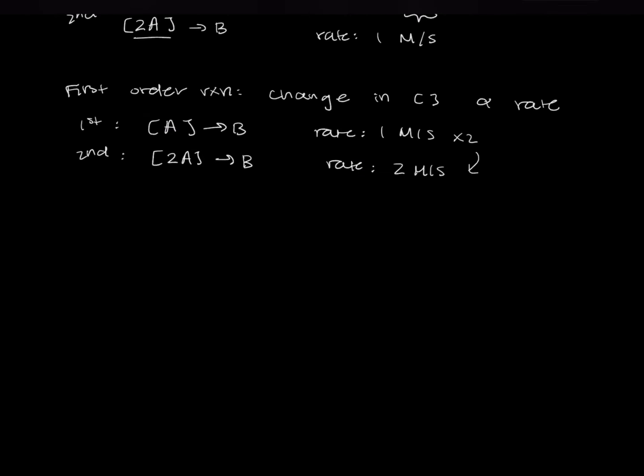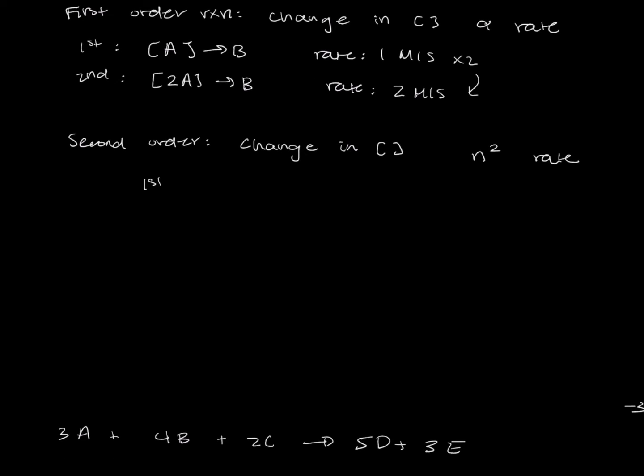So let's now say for second order, change in concentration is going to be n squared, the rate. So let's go over what exactly that means. Let's say our original concentration, we just have A going to B, and our rate is 1 molarity per second.